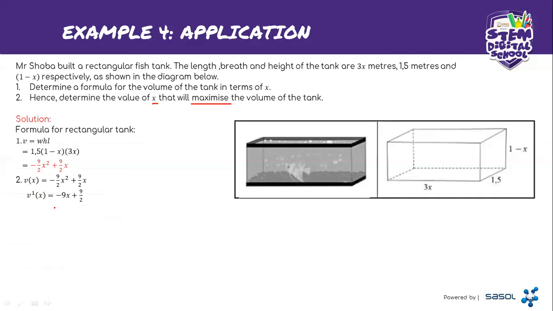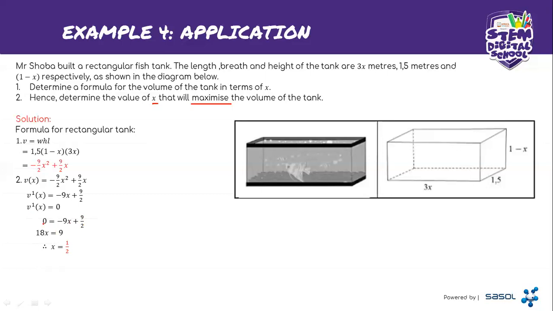Then the third step, you know that we have to equate to 0 in order for us to solve for the value of x. Then we equate it to 0. Because now we are solving for x, you can see that we are having a fraction there, which is 9 over 2. To get rid of this fraction, you are going to multiply each term by the denominator of that fraction, which is 2.